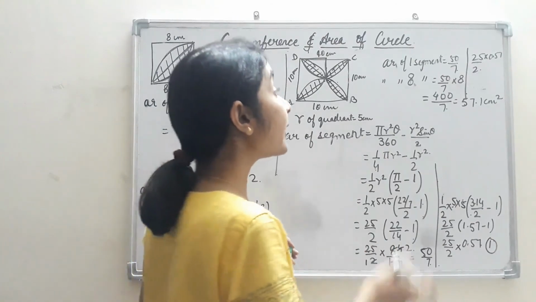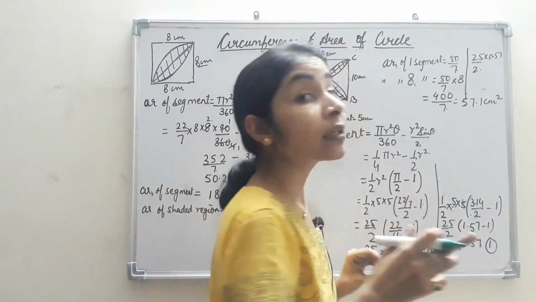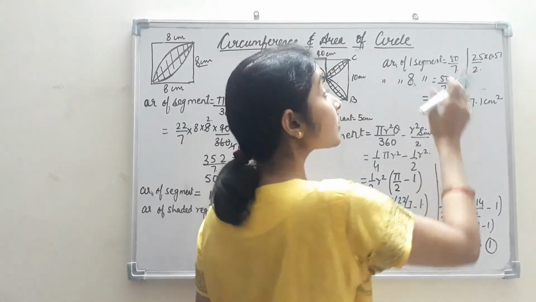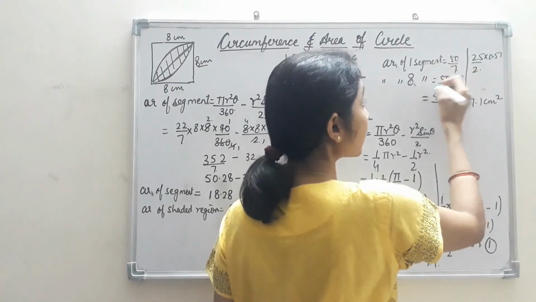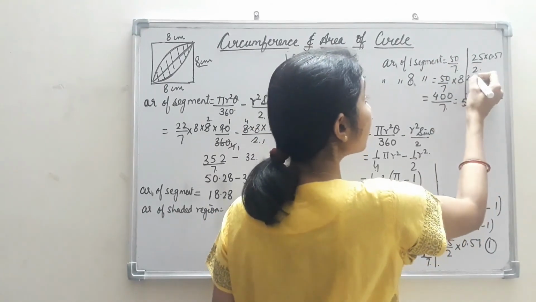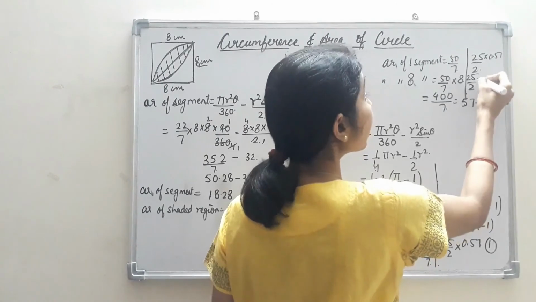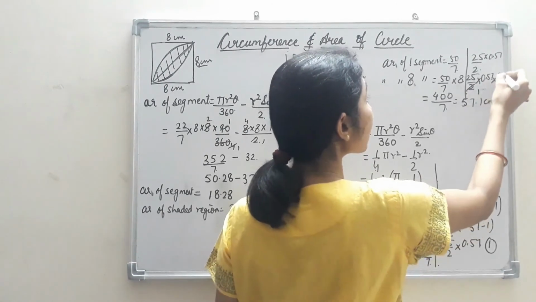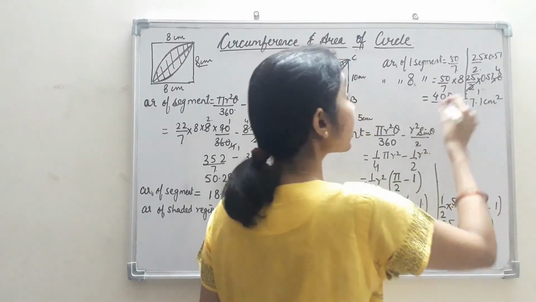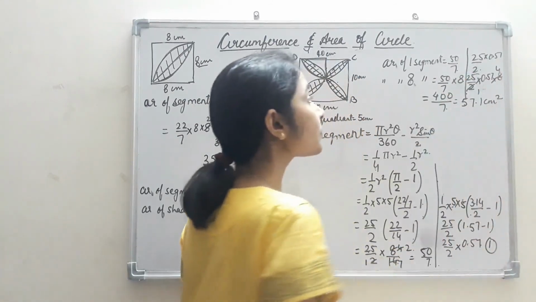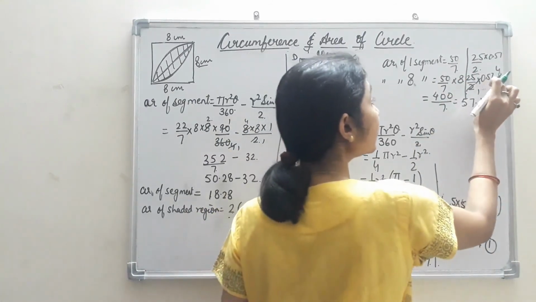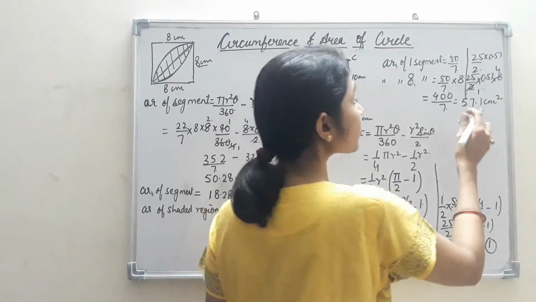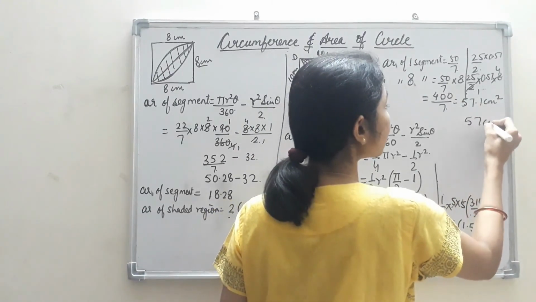Okay, and then I multiply it by 8. Why? Because 8 segments are there. So area of 8 segments is equal to 25 upon 2 into 0.57 into 8. Now 2 fours are 8. So 25 into 4 gives me 100, and 100 into 0.57 gives me 57 centimeters square.